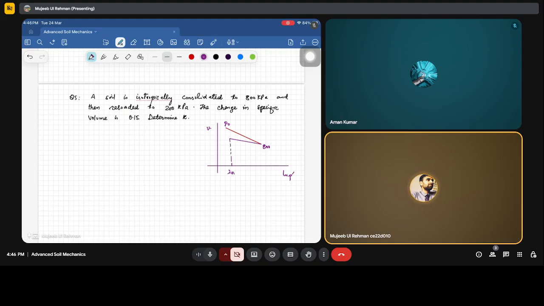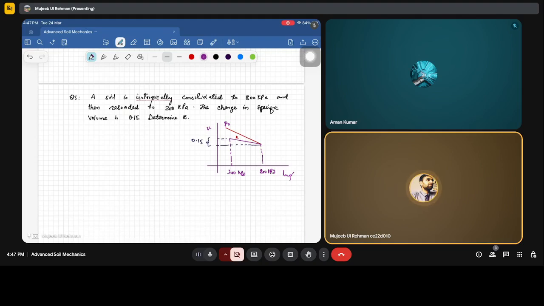As a result, there is a change in the specific volume. That change is given as 0.15. We have to find the slope of this line, which represents kappa, small k, like this.